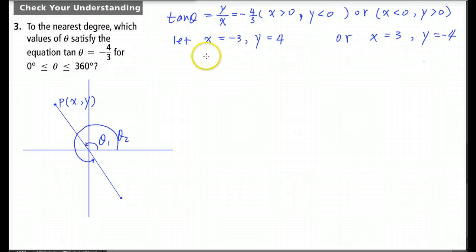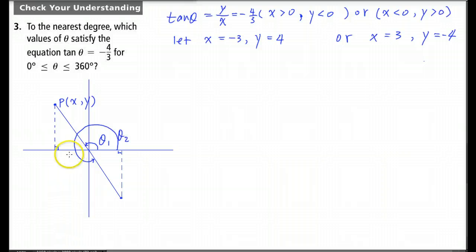Because we need a calculator for each of these, we need to form a triangle. Let's make this a dashed line, with a 90 degree angle here and a 90 degree angle here.